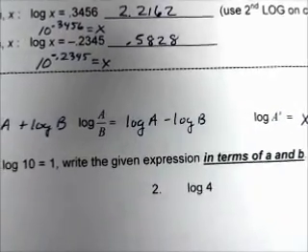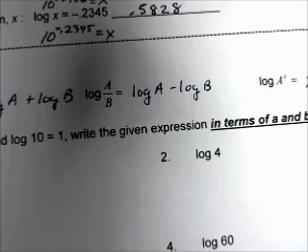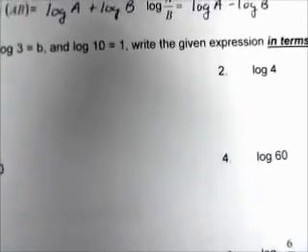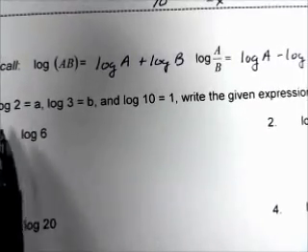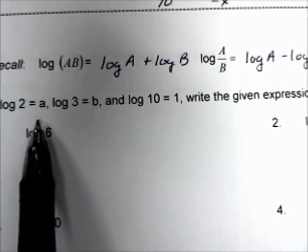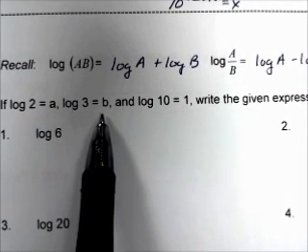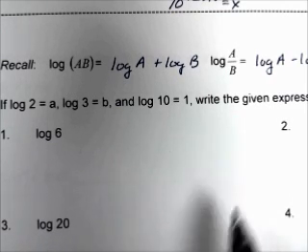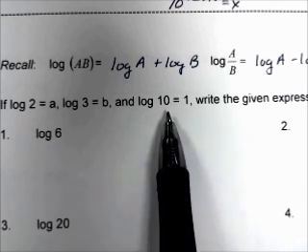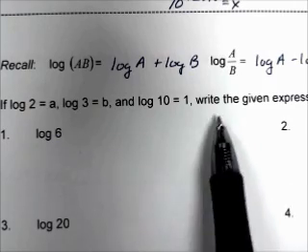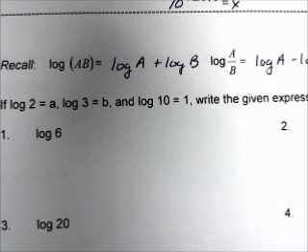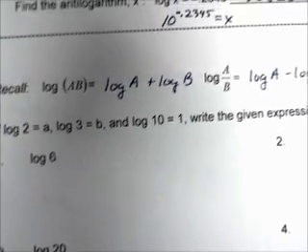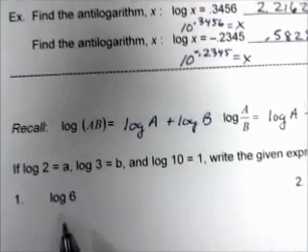And we're presented with the question here. It says if the log of 2 equals lowercase a, and the log of 3 equals lowercase b, and log 10 equals 1, this is common log 10, which does equal 1, write the given expression in terms of a and b. So we have the log of 6.